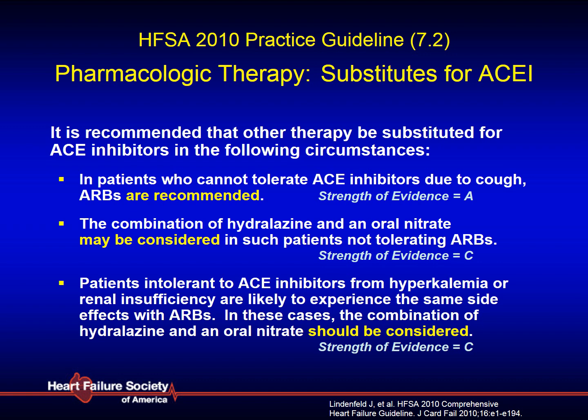For patients that are intolerant to ACE inhibitors because of hyperkalemia or renal insufficiency, they are likely to experience the same side effect with ARBs. So in that case, they should be tried on hydralazine and an oral nitrate as a substitute to the ACE inhibitor.